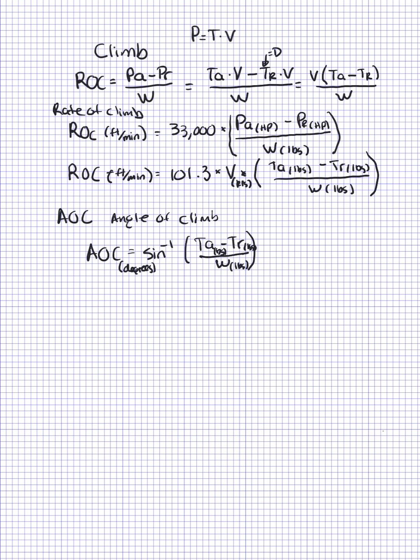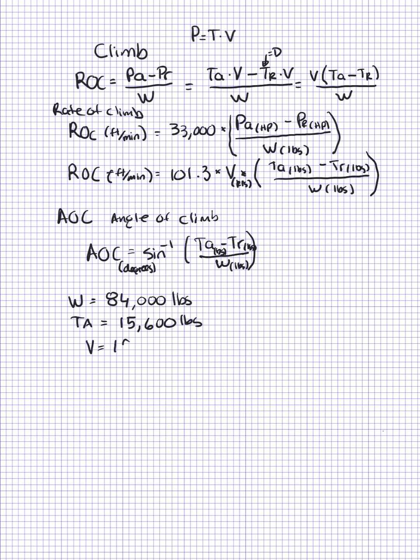Okay, so we can do an example. If we have weight equals 84,000 pounds and thrust available equals 15,600 pounds.